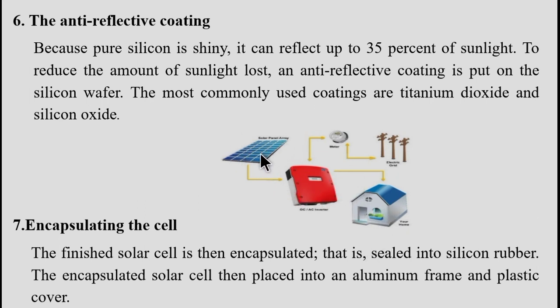Here, by using this solar cell panel array, you can generate electricity and store it, and you can use it. The remainder you can give to the government. In the near future, it may be that the grid system will be in every home. Okay, thank you. Thank you very much.